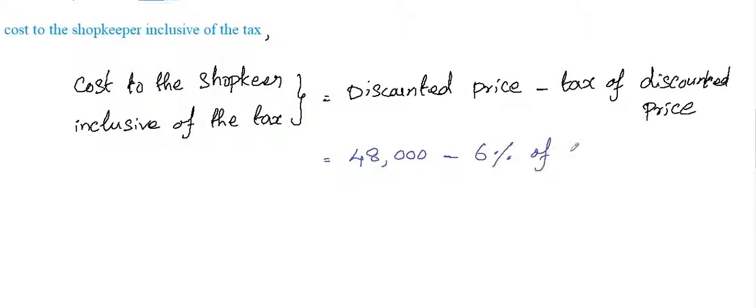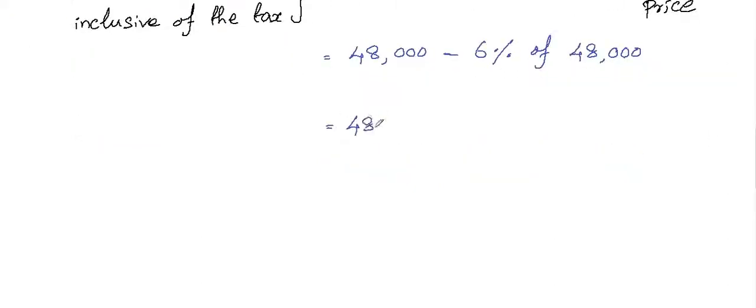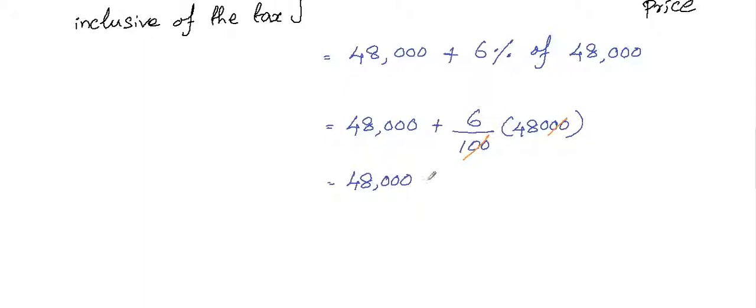So 6% of the discounted price, which is 48,000. We'll get 48,000 plus 6% can be written as 6 by 100 into 48,000. If we simplify this, we'll get 48,000 plus 2,880. So the total amount is 50,880.